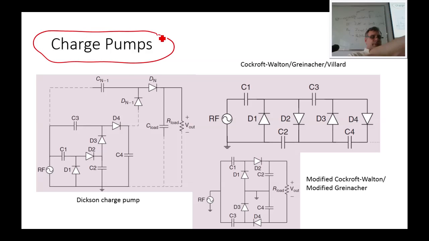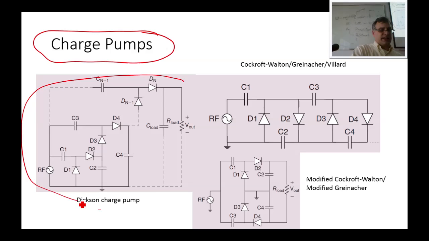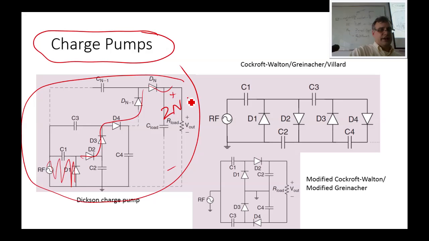Here are several different examples of charge pumps. All these are rectifier circuits that are arranged in a way to step up the voltage. And they go by all sorts of different names. This is a classic Dixon charge pump. As the RF drives this system, the voltage steps up through here and you get 2n volts out minus whatever the turn-on losses are.